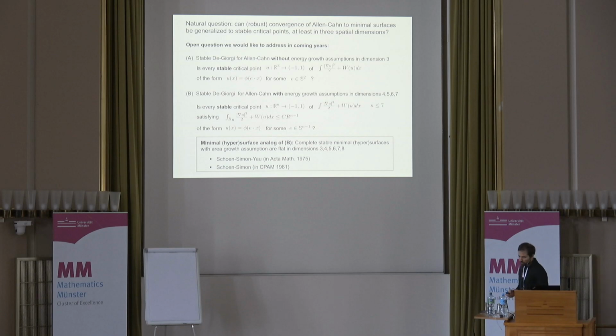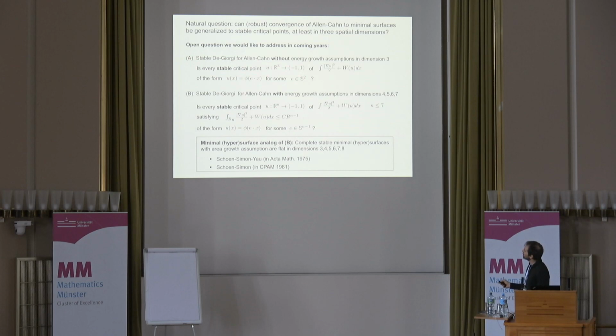So let me gather here two open questions. The general open questions are already said, but here I would like to identify two open questions that look more feasible in the next few years. The first question would be to classify stable critical points, the stable de Giorgi or stable critical points in R3, right?